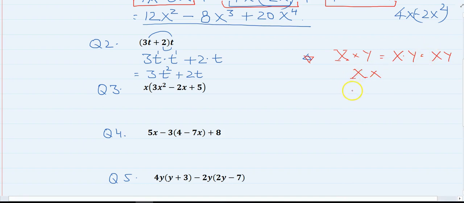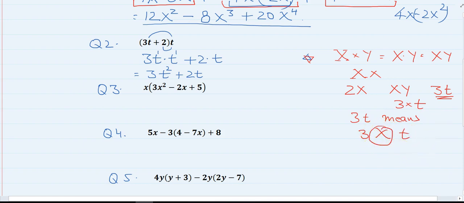So to remove the confusion, mathematicians most of the time write the product of two terms as 2x, xy, 3t. We generally don't write it as 3 multiplied by t. So if 3t is written there, you must know it means 3 multiplied by t. We don't write this multiplication. So make sure you remember this.